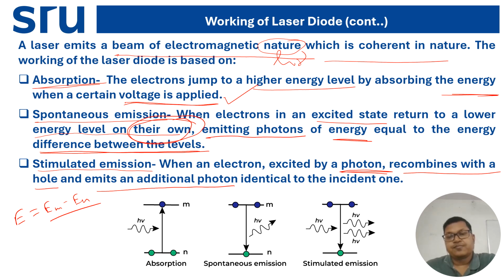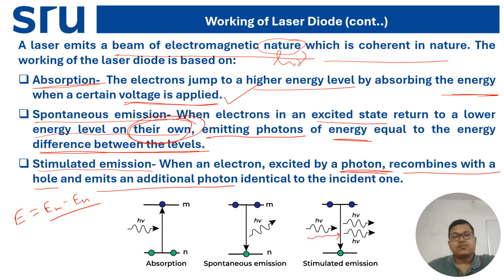You see, one h nu is coming, and when it recombines, it gives rise to an extra photon, which is the additional photon identical to the incident one.